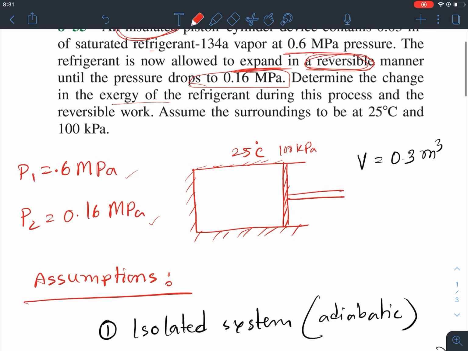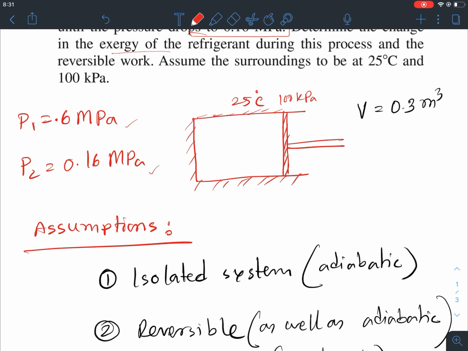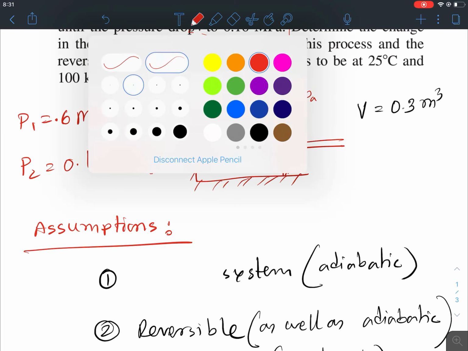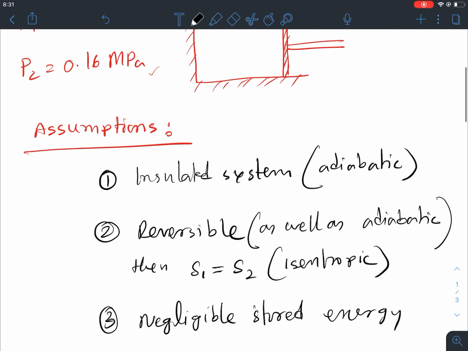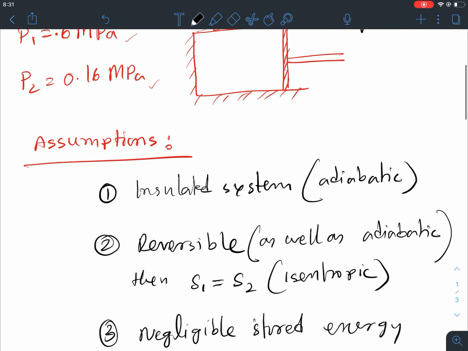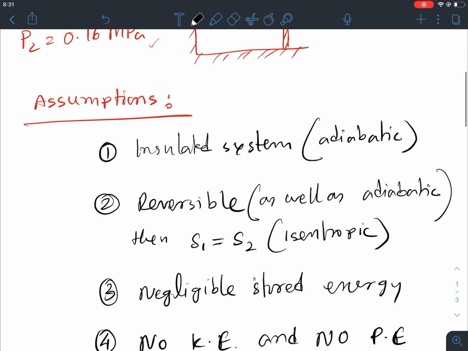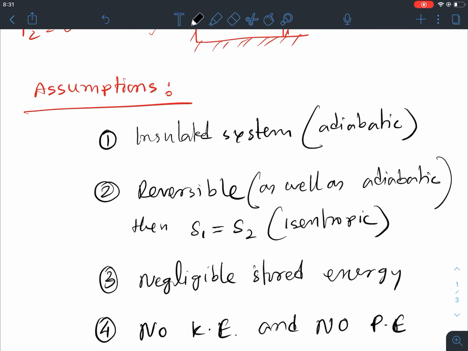So it is asking us what is the exergy change between state 1 and state 2. Some of the assumptions for this problem: it's an insulated system, first of all, right? For an insulated system there is no heat transfer from that system, so it's adiabatic, and also reversible.